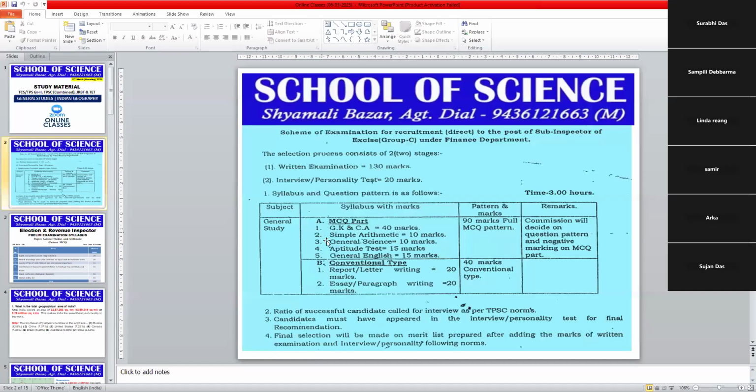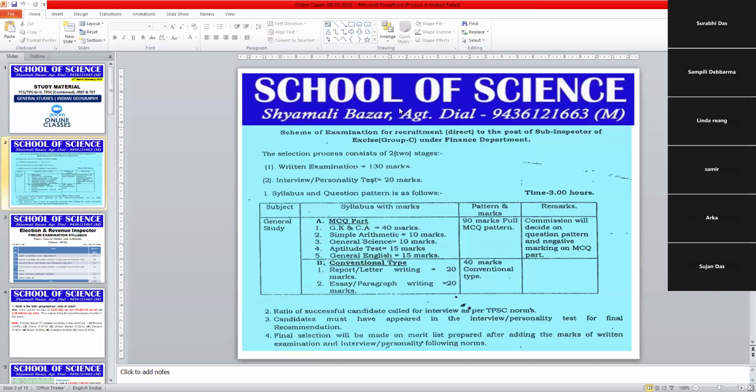And the syllabus, what they have said is, last time also they had the same syllabus. So MCQ part will be of 40 marks. There will be simple arithmetic 10 marks, general science 10 marks, aptitude test 15 marks, general English 15 marks. So 90 marks MCQ pattern.